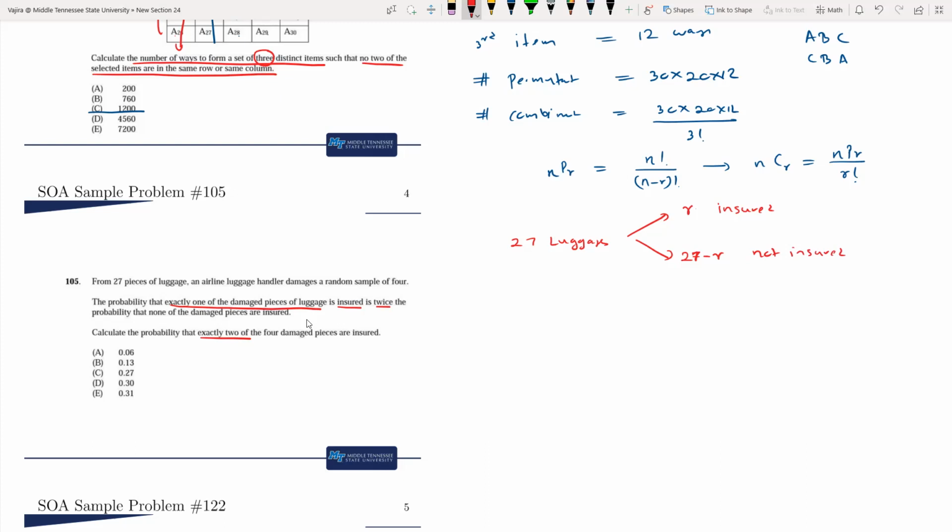So then let's see the probability. We need exactly one of them to be insured when you pick a sample of 4. So the sample size is 4.